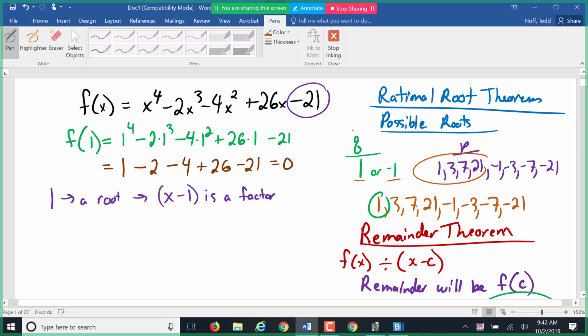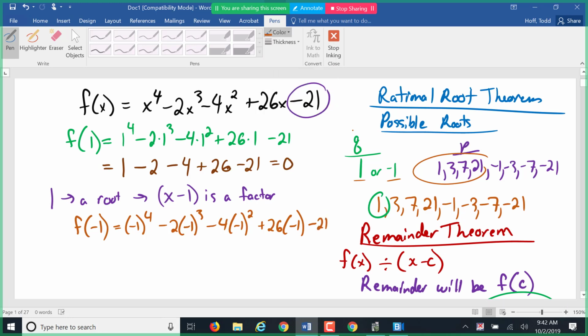If we want to do -1, let's try that. So that's going to be -1 to the fourth, minus 2 times -1 to the third, minus 4 times -1 squared, plus 26 times -1 minus 21. Well, negative 1 to the fourth is 1.